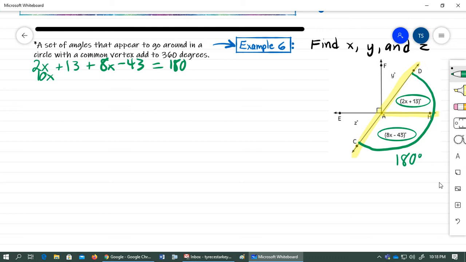The two constant terms, 13 and negative 43, add to negative 30. So that's 10x minus 30 equals 180.